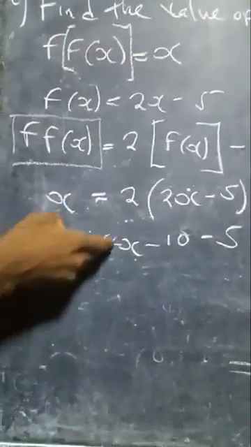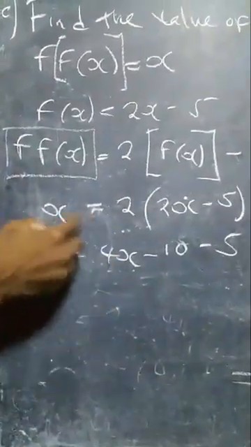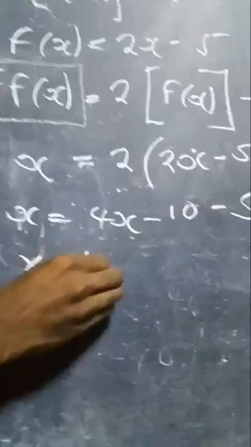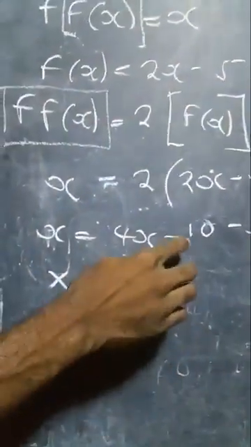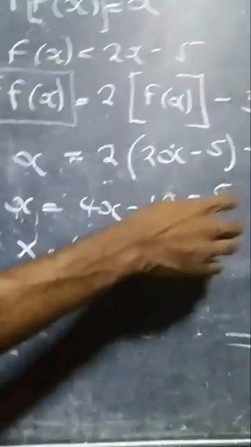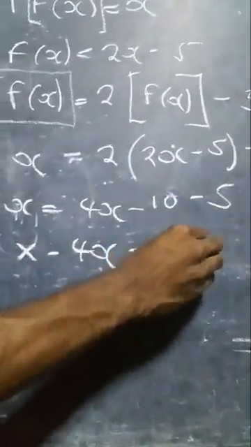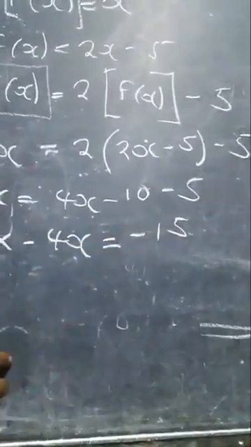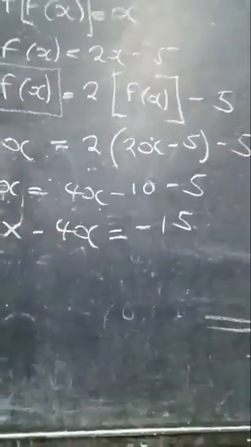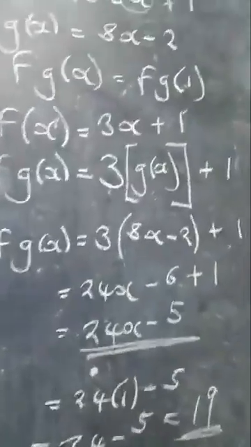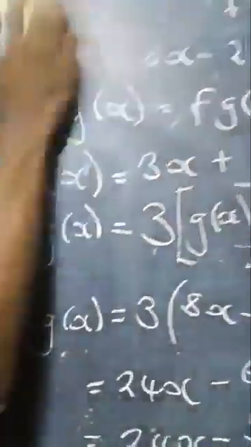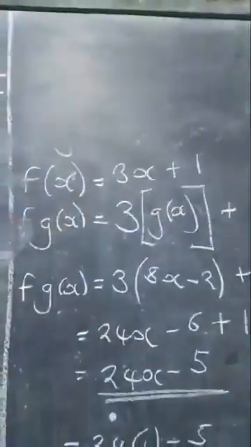So 4x goes the other side, positive becomes negative. So x minus 4x is equal to negative 10 minus 5, that's negative 15. So x minus 4x, it's more like 1 minus 4.